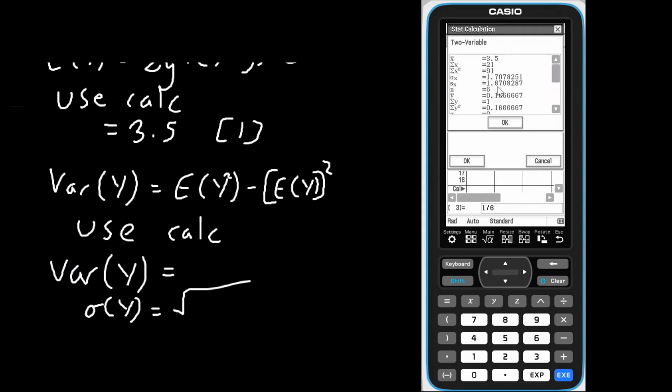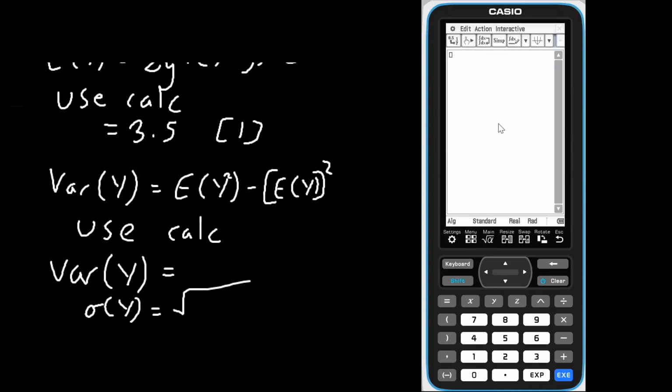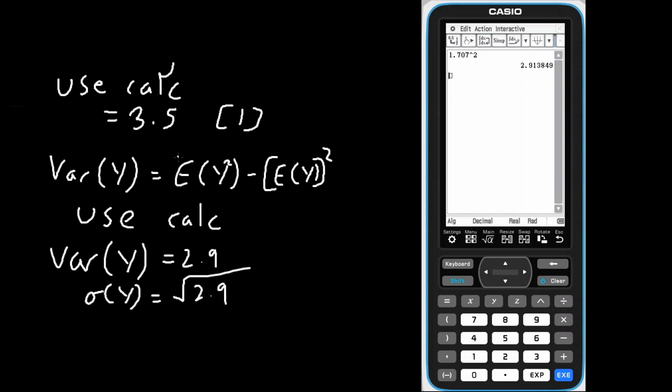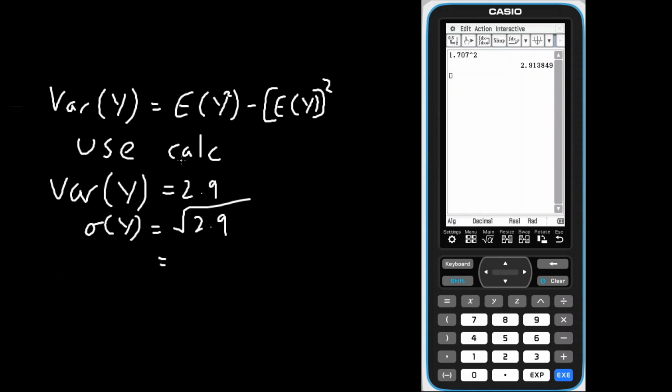I'm pretty sure it's that 1.8, but I'll just double check real quick. Oh, no, it isn't. So anyway, we can just say it's roughly equal to that 2.9. And then we can say that the final value here is equal to 1.71. And we can say 3 significant figures.